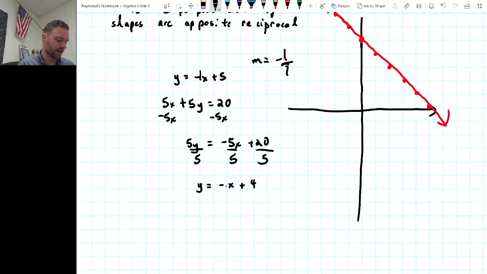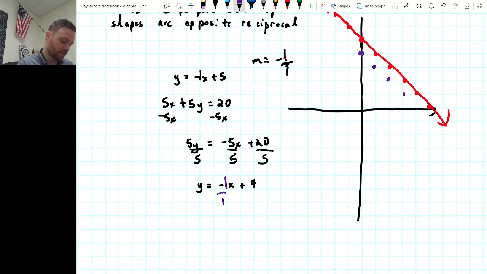And so this next line is going to be the same thing. Its y-intercept is 4, so I'm going to do this in purple. So up 1, 2, 3, 4. But its slope is also negative 1, okay? So negative 1 over 1. So that's telling me to go from this y-intercept down 1, right 1, down 1, right 1.